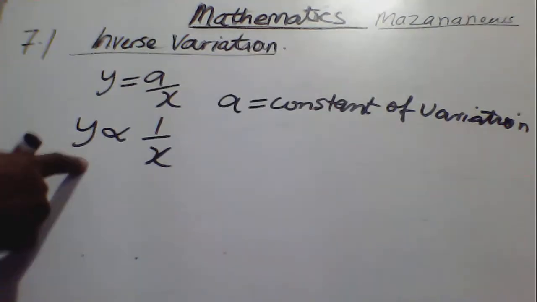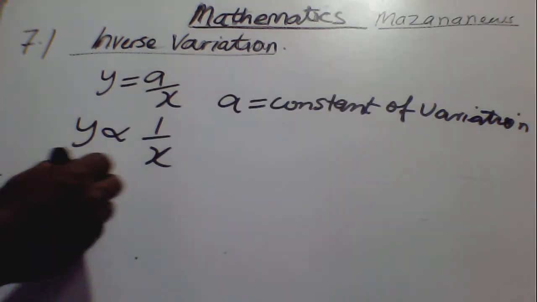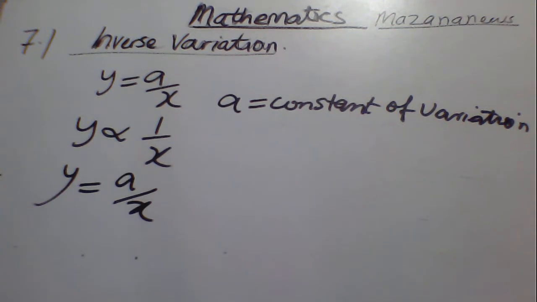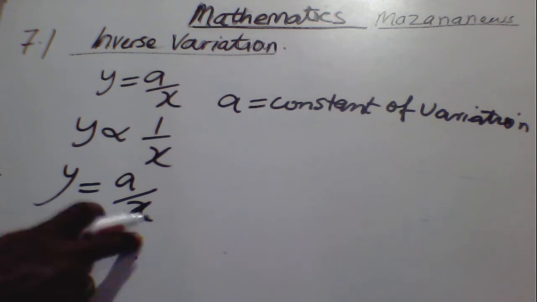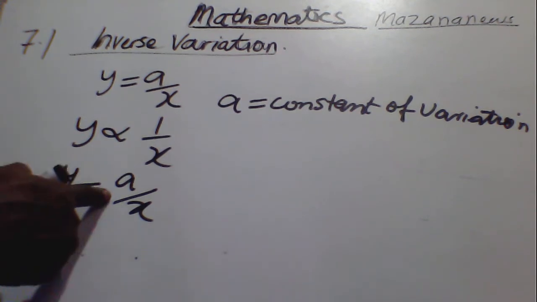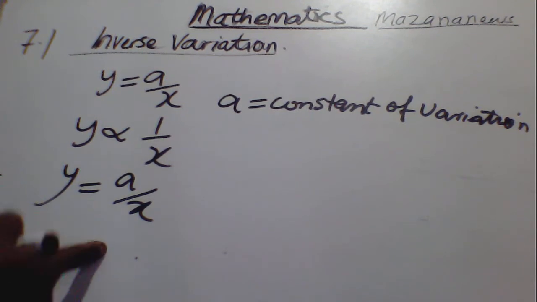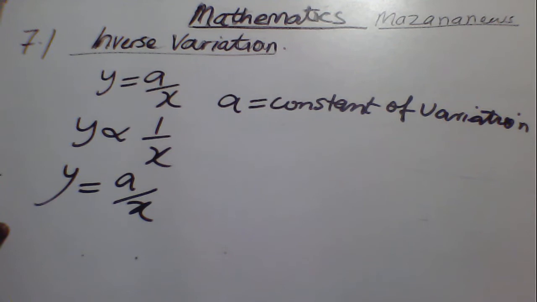If we put a constant of variation here and remove the symbol, we have y equals a over x. A set of data in this form is in inverse variation. This means that when y is increasing, x is decreasing, and if x is increasing, y is decreasing.